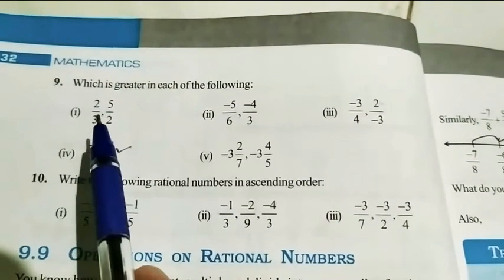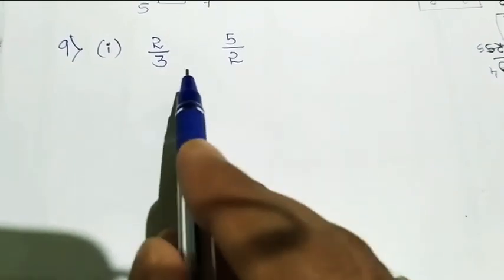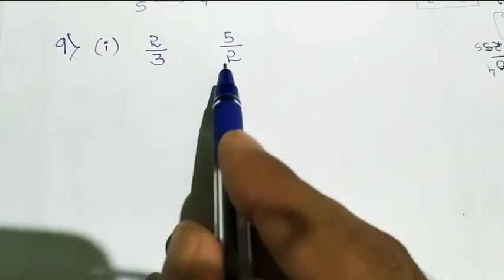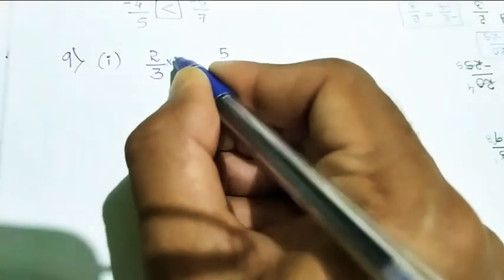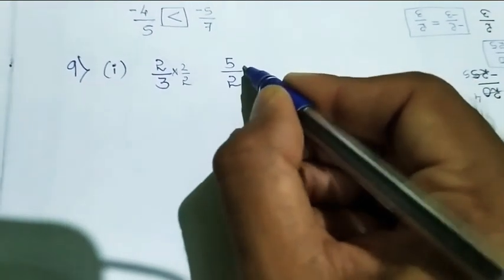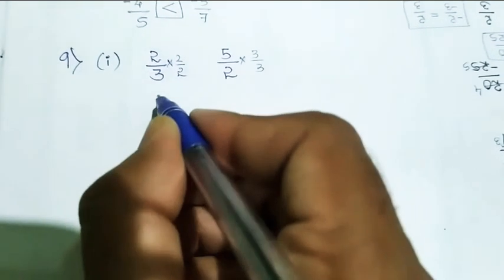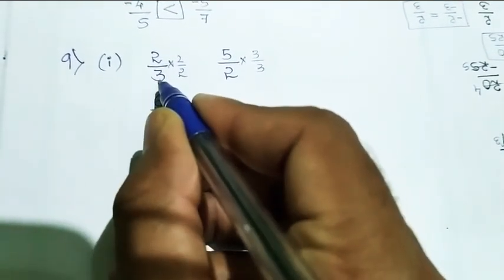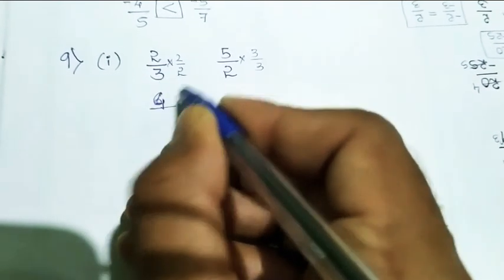So first one, 2 by 3, 5 by 2. The LCM of 3 and 2 will be 6. So 3 how much are? 3 2s are 6. So here we have to multiply 2 by 2, and here we have to multiply with 3 by 3. So 2 2s are 4, and 3 2s are 6.